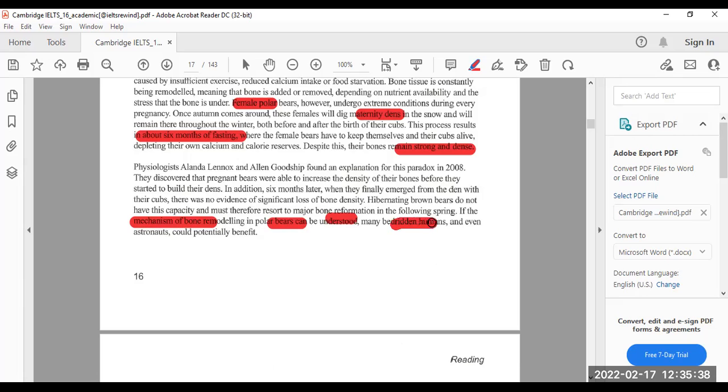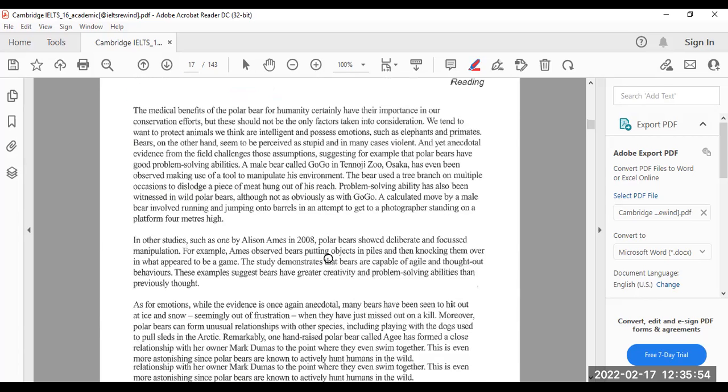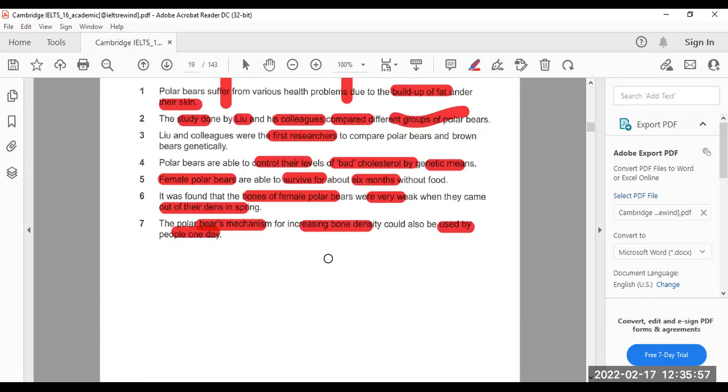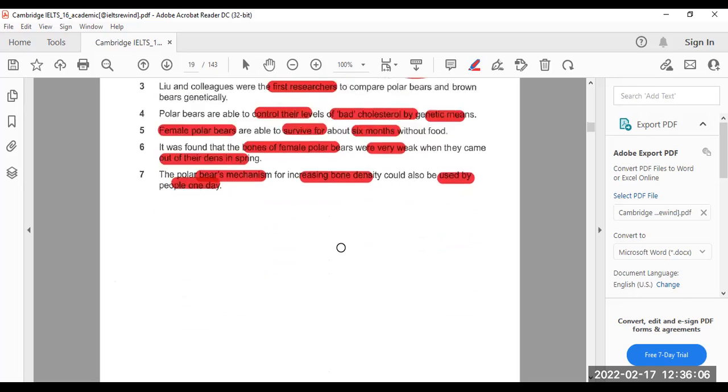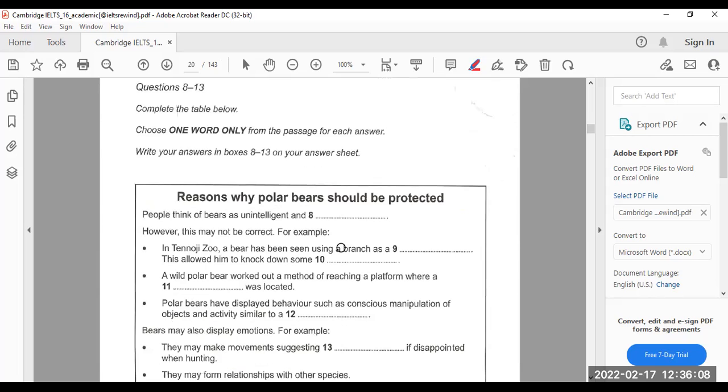Many bedridden humans and even astronauts could potentially benefit. So that bone mechanism is understood. The people like bedridden humans and even astronauts, they could benefit from this, from the polar bear. Hence the statement is true. So this is one of the methods of finding the answers for true, false, not given in IELTS Reading task. Okay, we go to the next part.